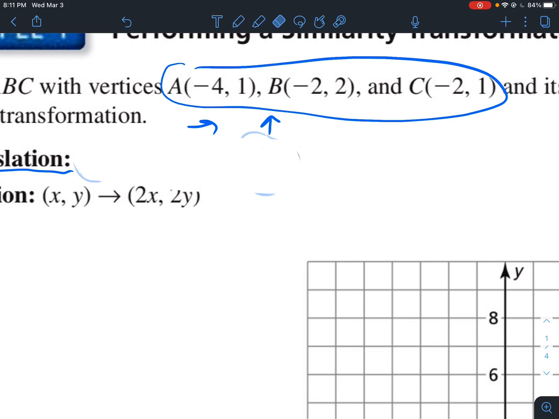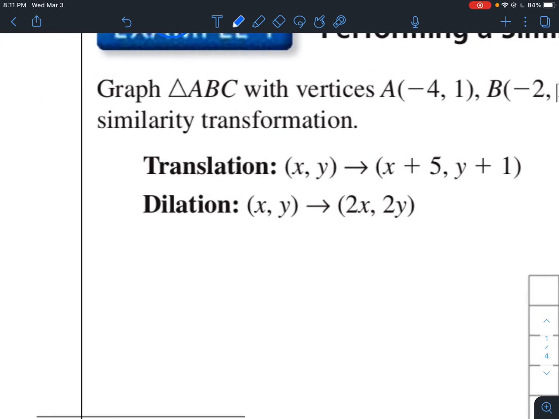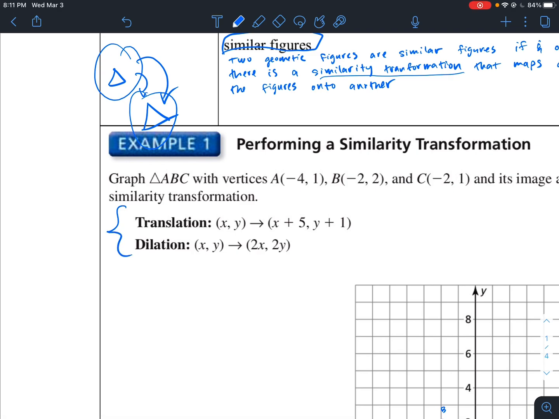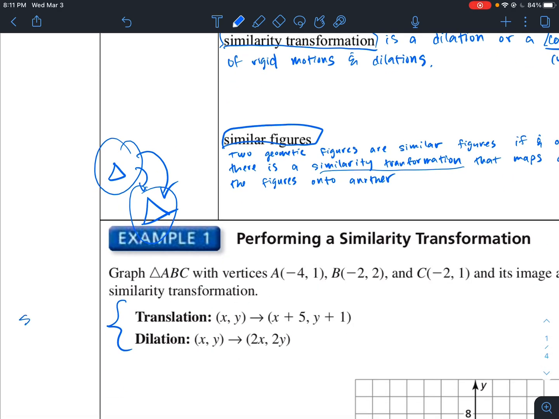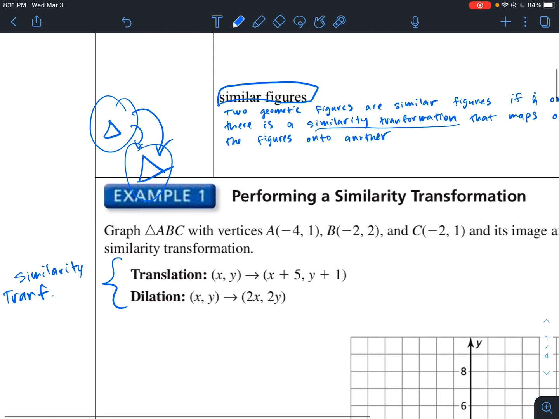We're taking this triangle and moving it. Together, these are what you call a similarity transformation, a composition of a translation and a dilation.